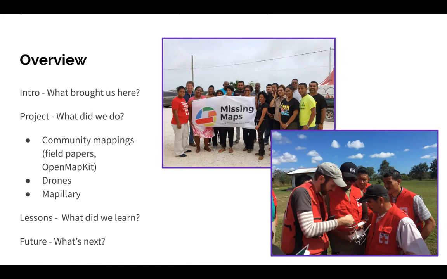And so we took the opportunity to do a little bit more of an advanced training, trying to integrate not only our community mapping tools, such as our field papers or OpenMapKit that we've used before, but in addition, trying to open up to drone imagery, how that improves community mapping, looking at street level imagery with Mapillary and different other tools. And this time really getting down to making sure that they could use those tools themselves so that they're not reliant on us to come back and help them do this in the future.